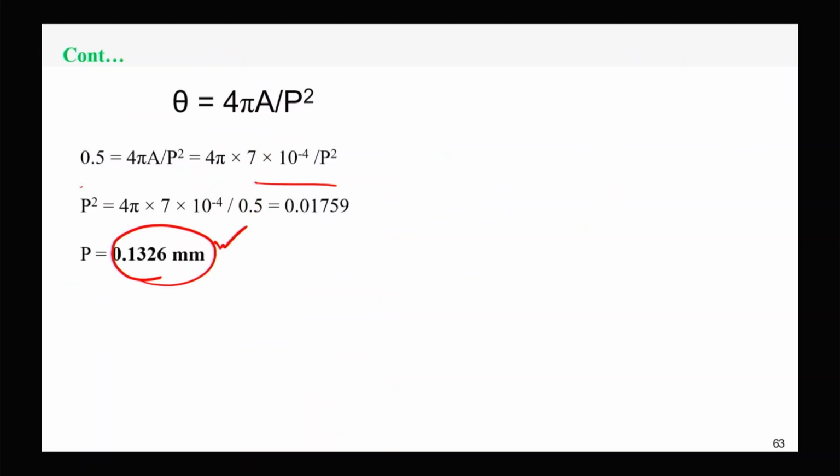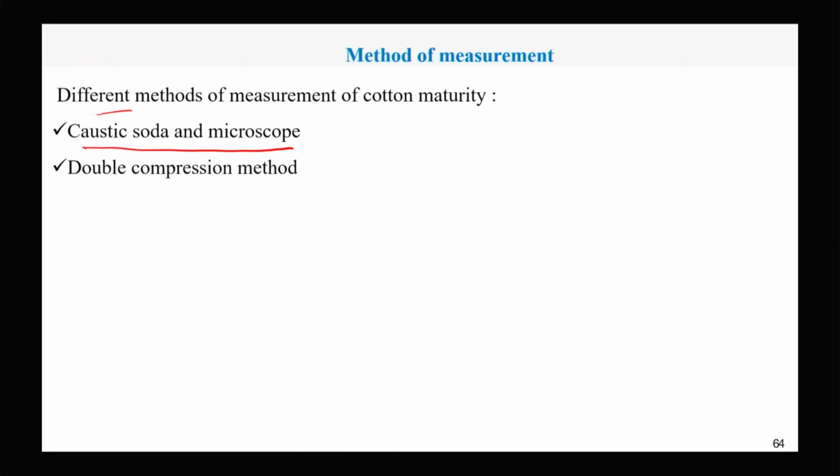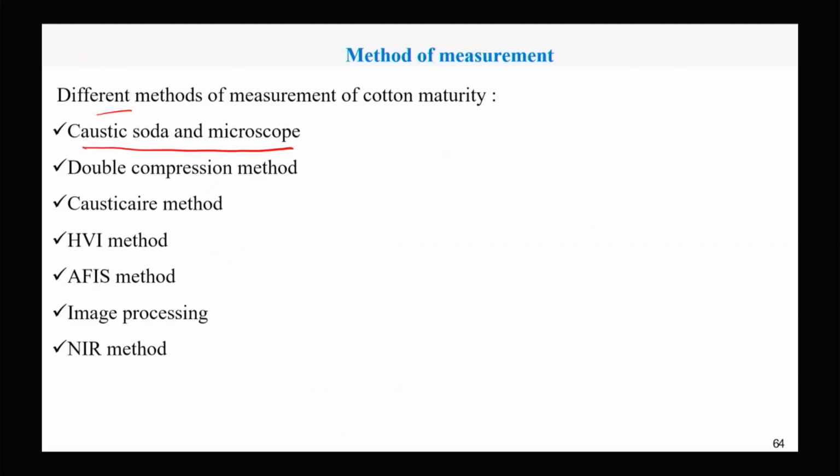But here in the caustic soda method, although we measure the maturity ratio, we don't measure the linear density.